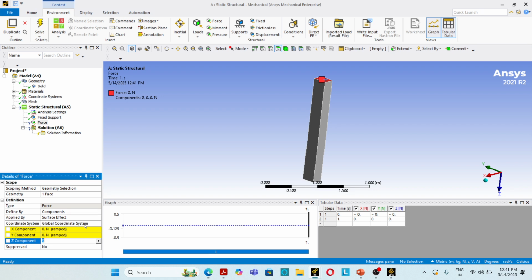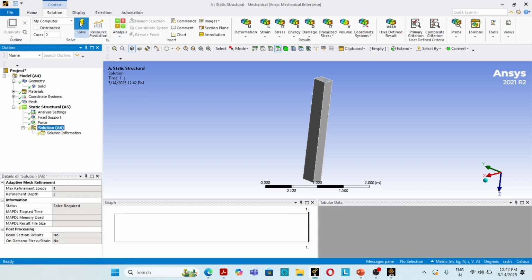Here you have to give the value 1, because we have a load multiplier. I will explain later. The direction is correct, it is downward through the z-axis. Then click on solution, solve.